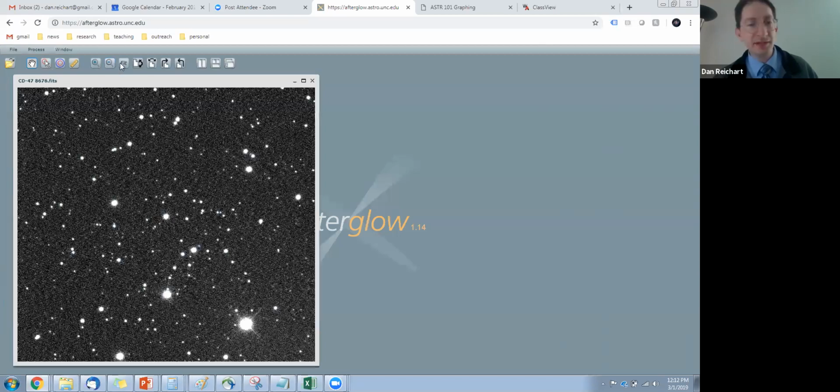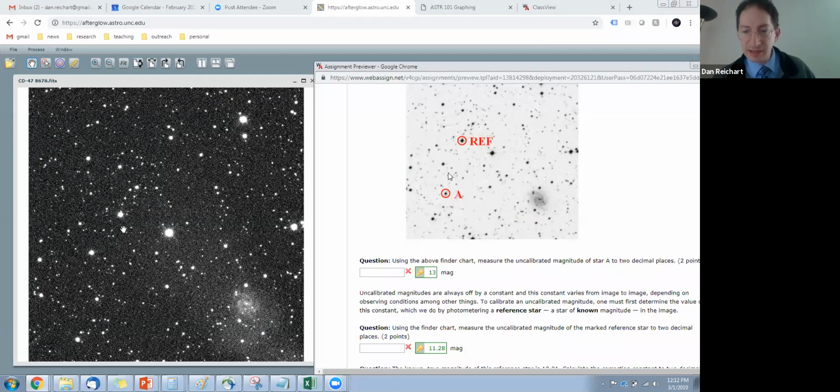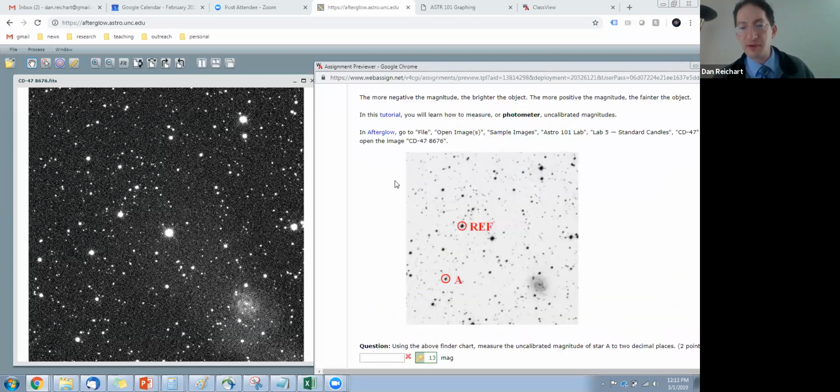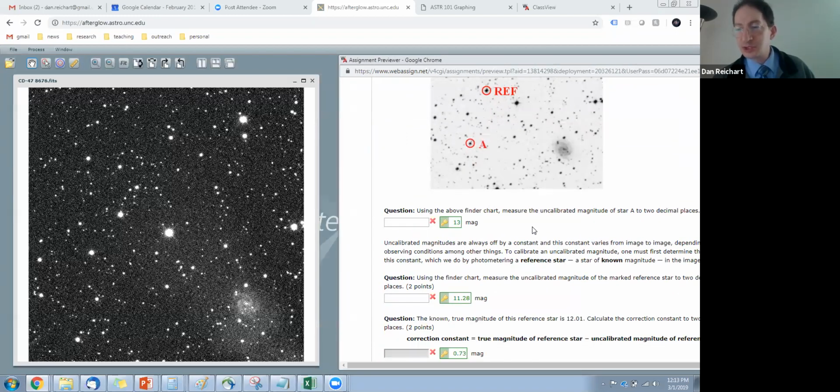It's a V-band observation and a little galaxy here. If you look at the finder chart, I've indicated this one right here is the reference star, and this one down here is star A. So they can go back and forth with the reference, and we ask them, using the finder chart, to measure the magnitude of star A and the magnitude of the reference star.